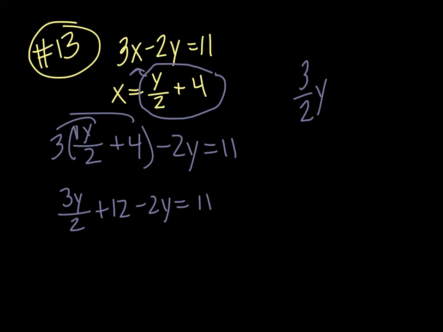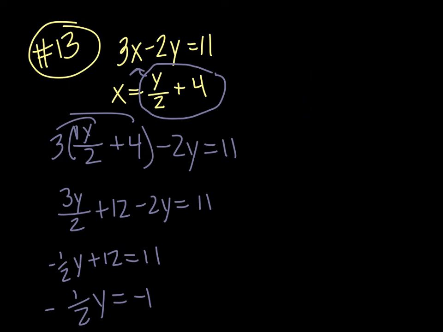So what's 1.5 minus 2? Negative 1/2. Subtract my 12 and get negative 1. So there's 2 ways you guys can do this. You can say, okay, multiplying by a half is like dividing by 2. So the opposite of that would be multiplying by 2.